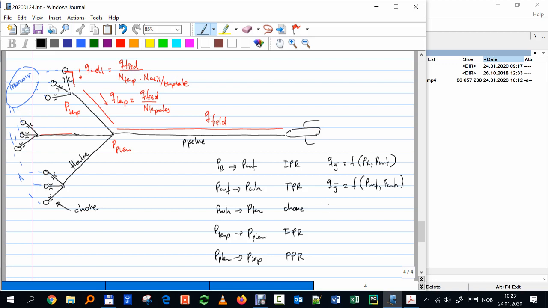The choke is, again, a function of PWH, P template, and also the choke opening, CO. The flow line is a function of P template and P plem, and then the pipeline is a function of P plem and P separator.